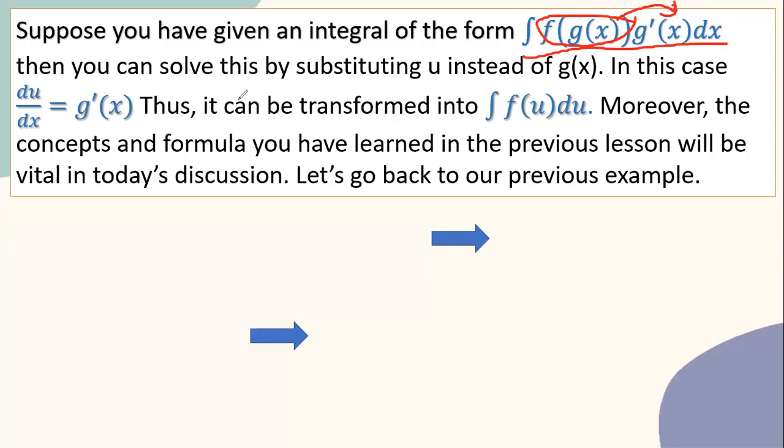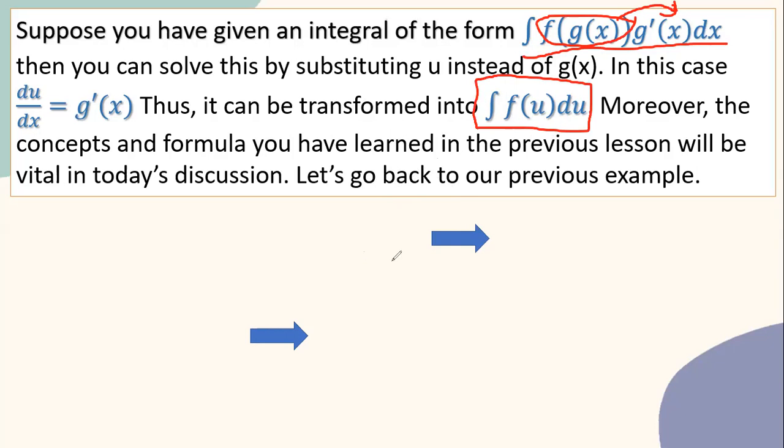So in this case, we will get du over dx, that is g prime of x. Thus, it can be transformed into the integral of f of u du. So matatransform natin siya into simple integration. Moreover, the concepts and formulas you have learned in the previous lesson will be vital in today's discussion. So magagamit natin yung napag-aralan nating mga formula sa ating previous lesson.